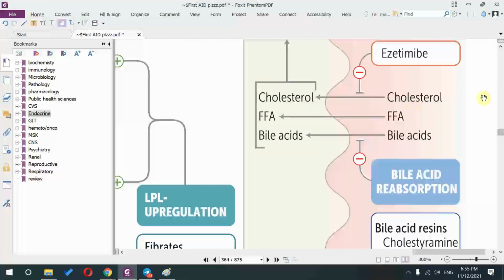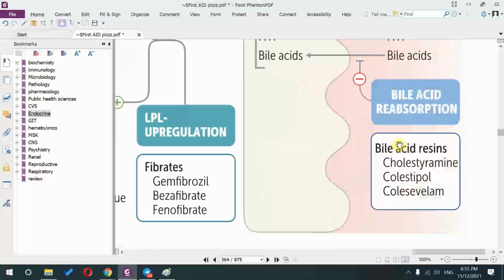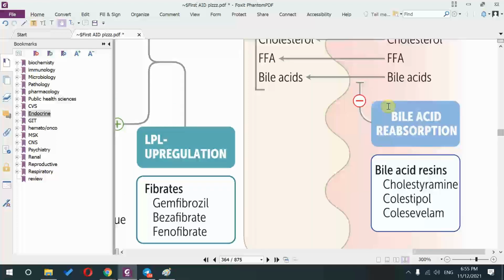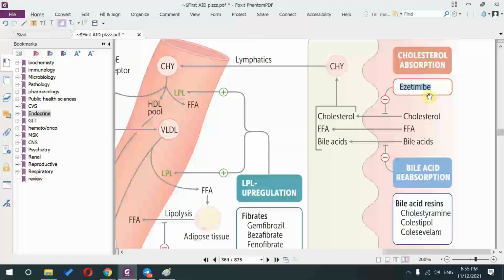So cholesterol. There's a drug called ezetimibe that inhibits the absorption of cholesterol. Please do not make the mistake of thinking that it's the same as bile acid reabsorption inhibitors like the resins. These are totally different, okay? So if I use one of these drugs, where will this cholesterol go? It will go into your bowel.